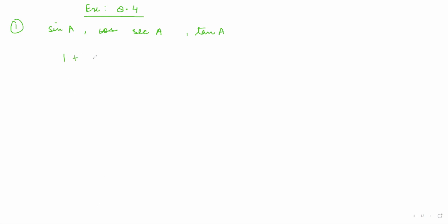Now we know that 1 plus cot square theta is equal to cosec square theta. Now, because I want to find sine, and I know that sine of A is equal to 1 upon cosec of A, first let me find the value of cosec, and then I'll take the inverse, so I'll get sine.